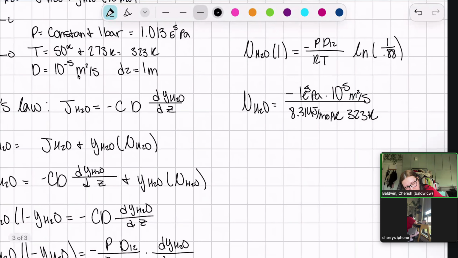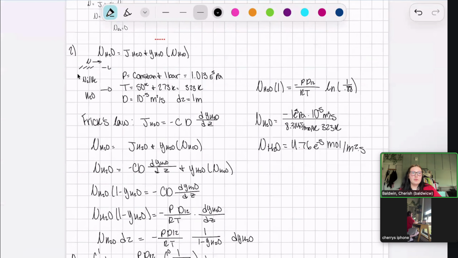So then that gives us the molar flux of H2O, 4.76 e to the negative 5th moles per meter squared per second. There we go.